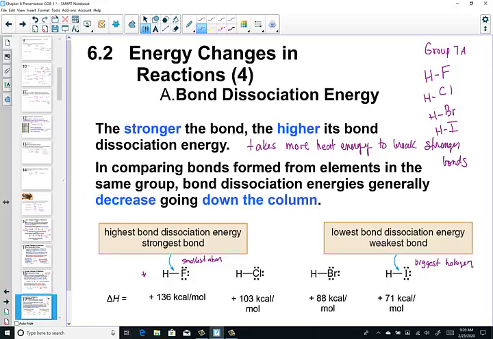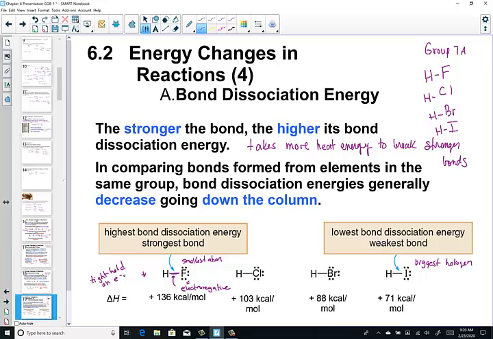So this bond is the strongest because the fluorine's protons are holding tight to the electrons. It is the most electronegative element. In terms of electronegativity, fluorine is holding these electrons very, very tight. A tight hold on electrons.